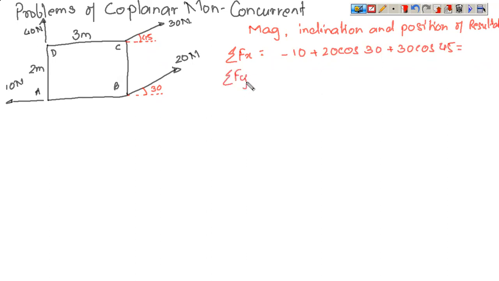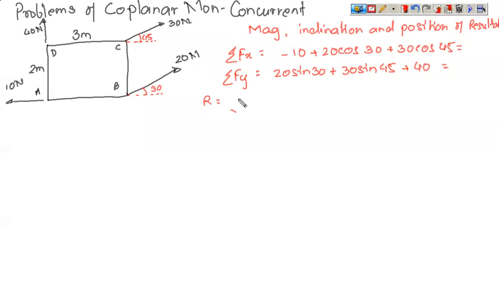You can find out Fy. Fy will be, this won't contribute to Fy. Here you will have 20 sin 30 plus 30 sin 45, and you have 40 here. So you will find out the value of sigma Fx and sigma Fy.